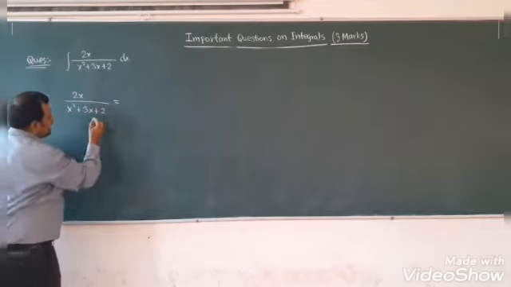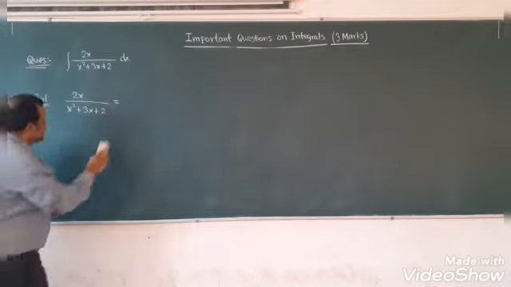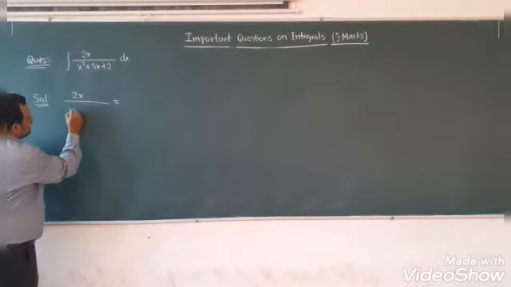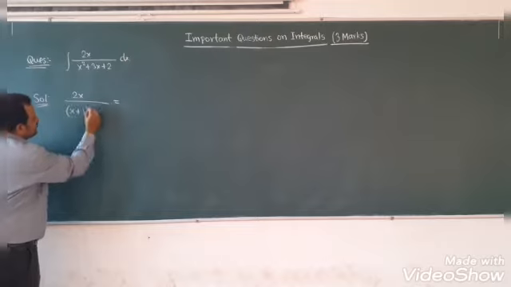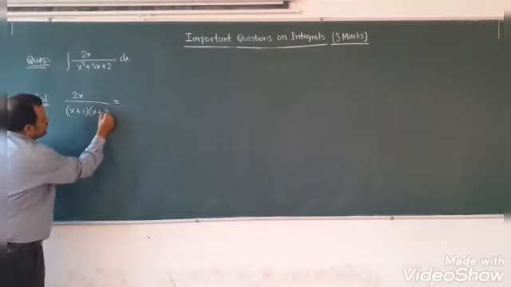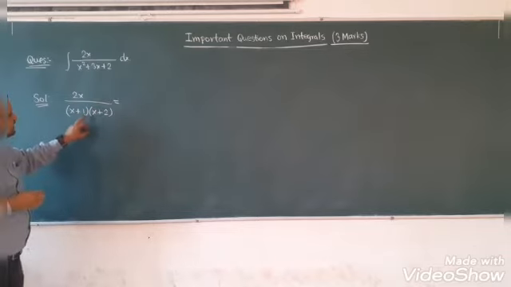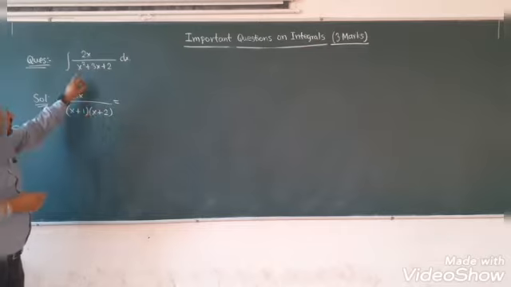Let us factorize. When you factorize, we can write this as (x plus 1) into (x plus 2). You can see x square plus 2x plus x plus 2. So x square plus 3x plus 2 we can write like this.